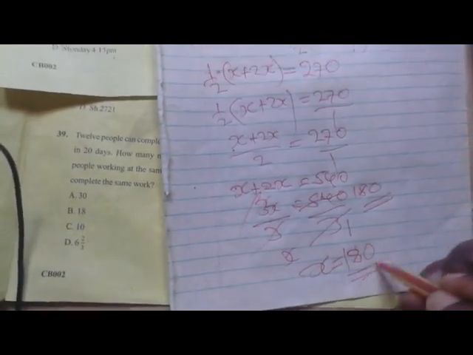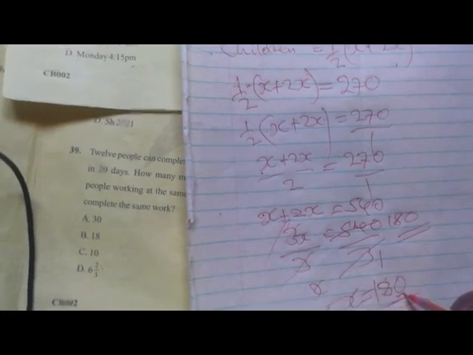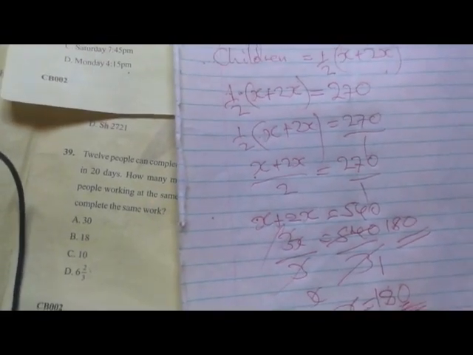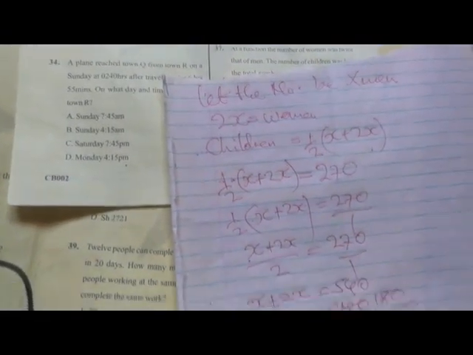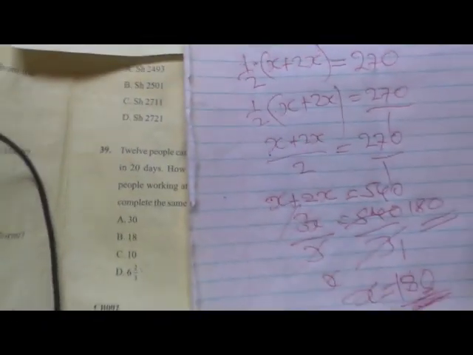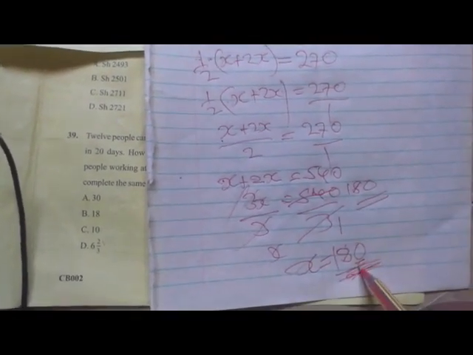180 is the number of children. Please note that our working is long, but 180 is from the equation.